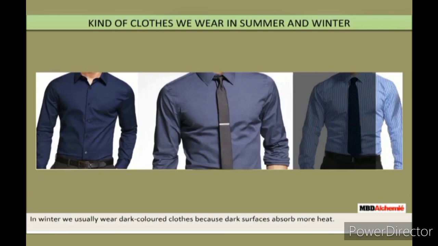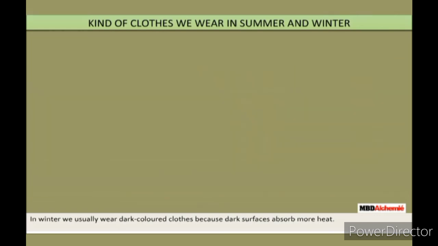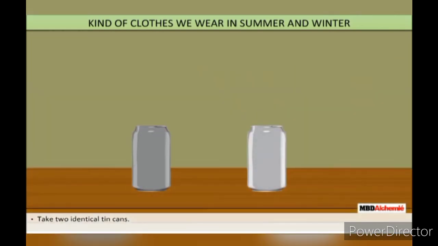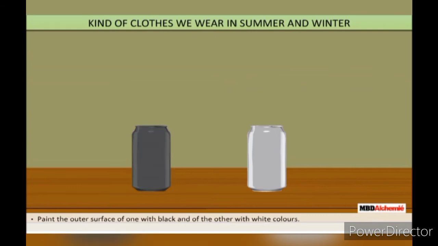Let us explain this by an activity. Take two identical tin cans. Paint the outer surface of one can with black color and the other with white color. Pour equal amounts of water in each and leave them for an hour.